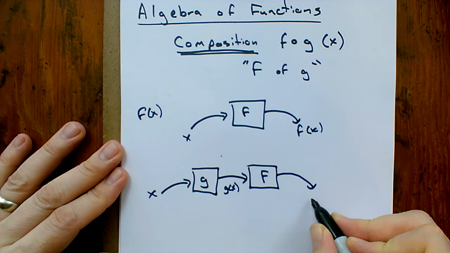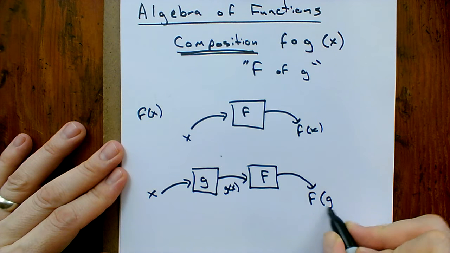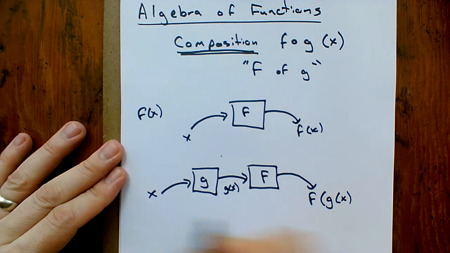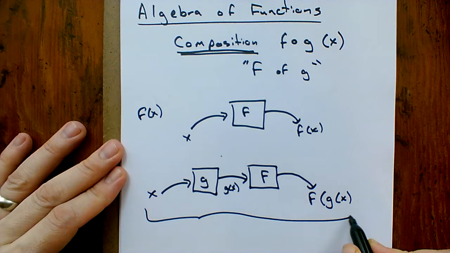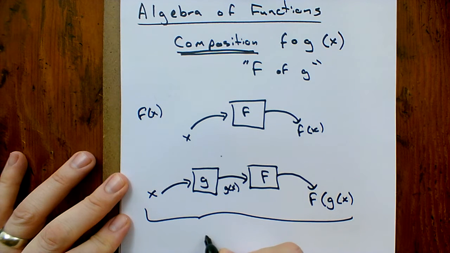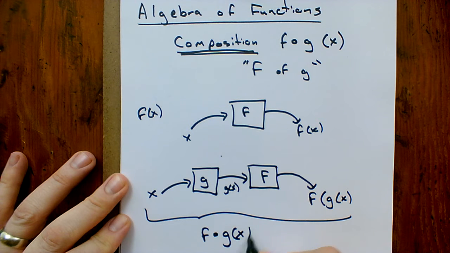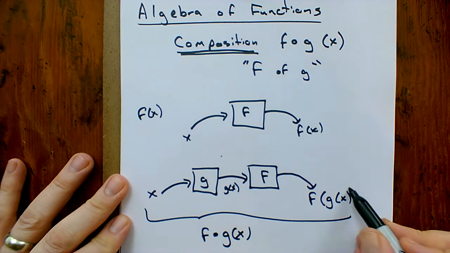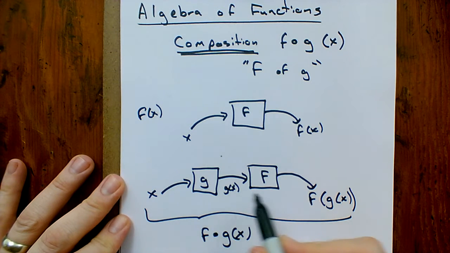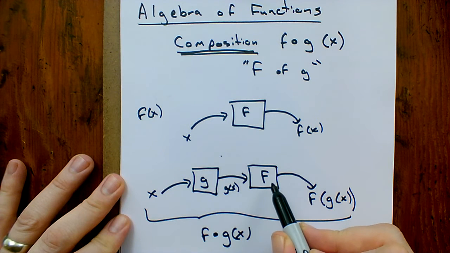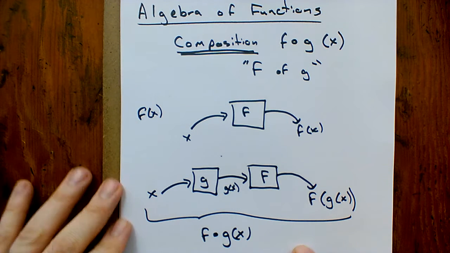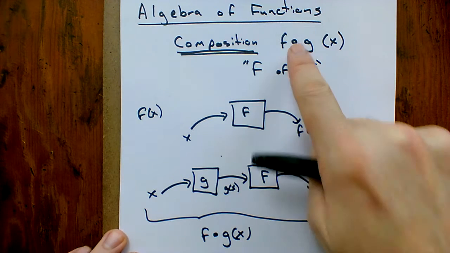So this is actually going to be an f of g of x. And this whole process, we could think of as f of g of x. So we're taking the output of another function and plugging it into our function. That's what we're doing.